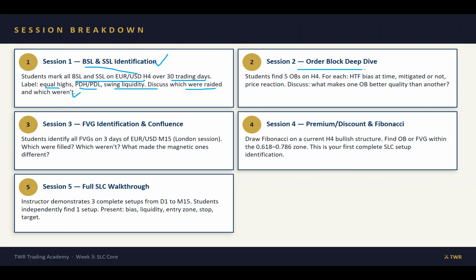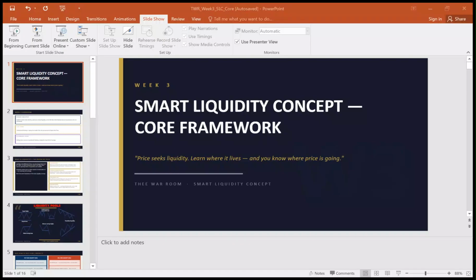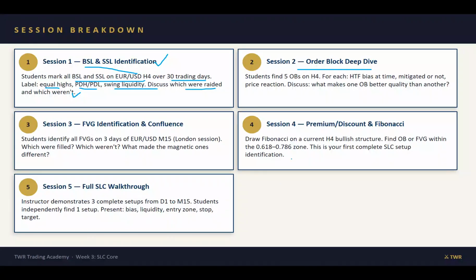Look at order blocks. Remember, there are some order blocks that fail, like this one right here. These ones failed, this additional one failed, but this extreme one played out. So look at that. Then look at fair value gap identification. Go and try identifying them.